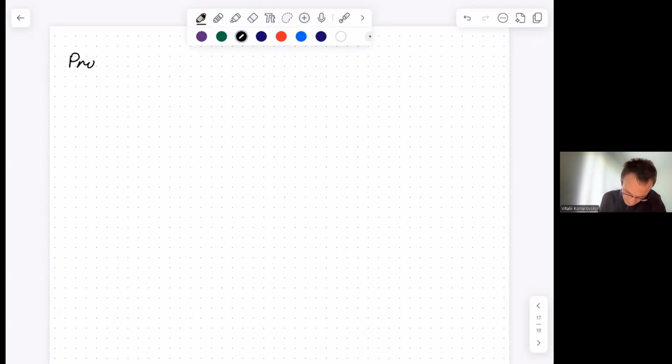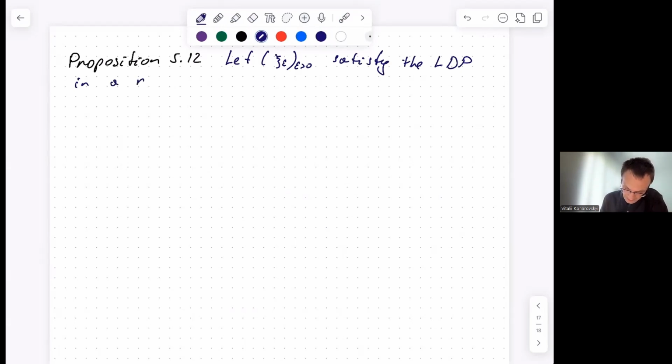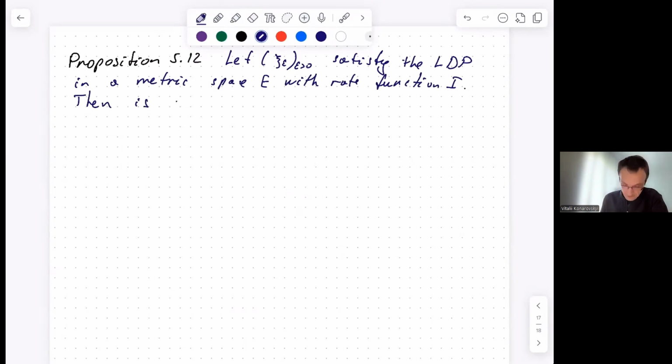Proposition 5.12. Let psi epsilon, epsilon larger than 0, satisfy the large deviation principle in a metric space E with a rate function I. Then it satisfies the large deviation principle in E with the rate function I lower semi-continuous regularization.